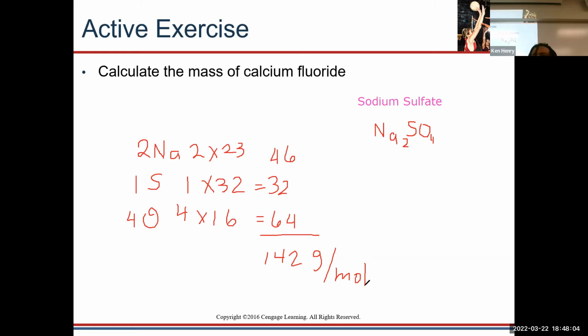Okay. 142. Okay. Piece of cake so far? Yeah, not too hard.